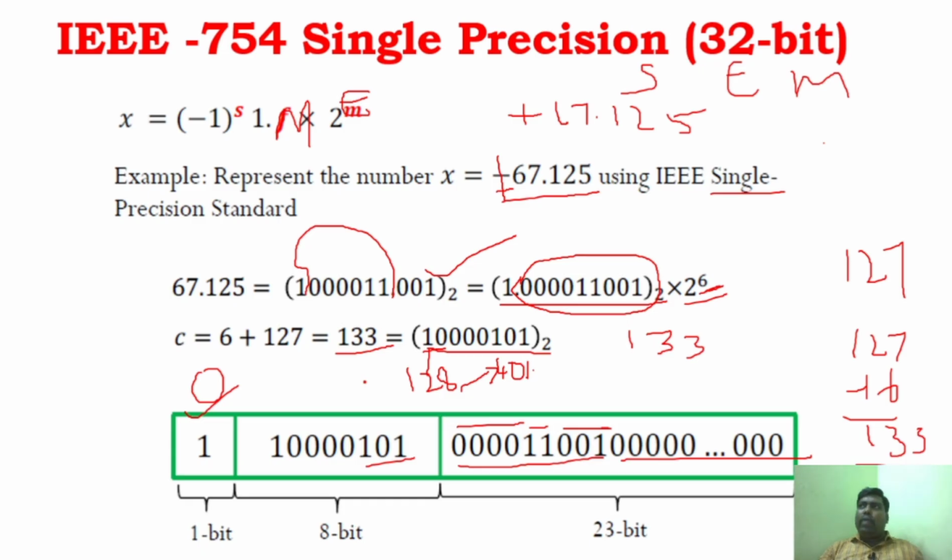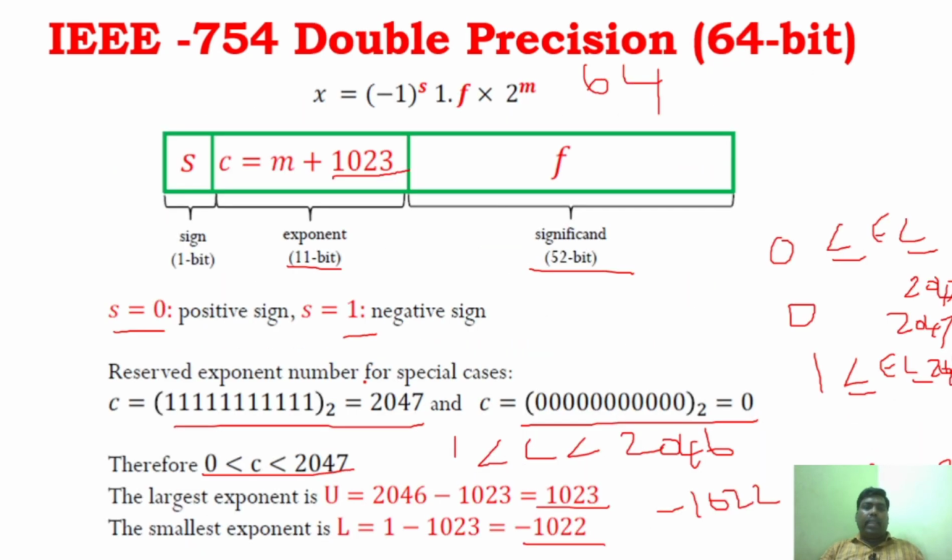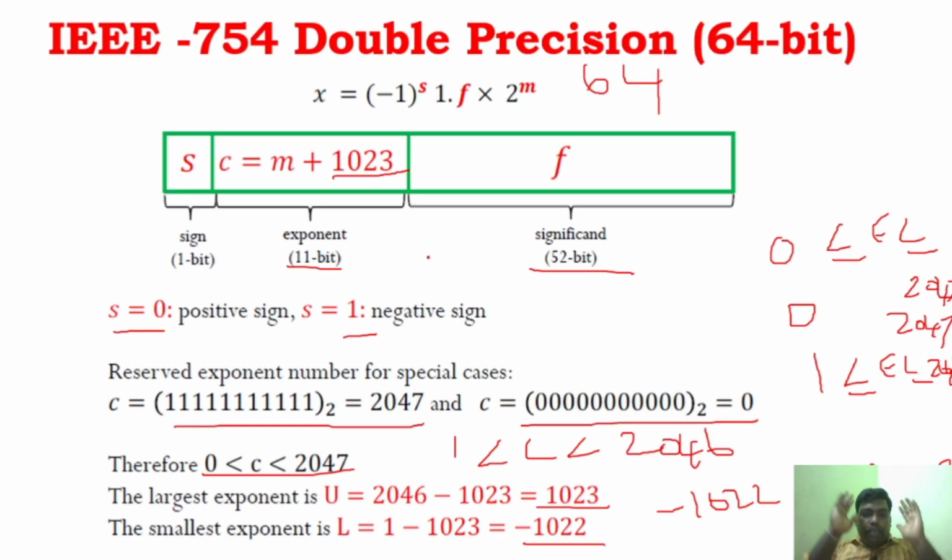You understand the single precision format now. Similarly, you now know double precision as well. Everything is the same. You can use the same number for double precision. All you have to do is add the bias value 1023 to the exponent value.